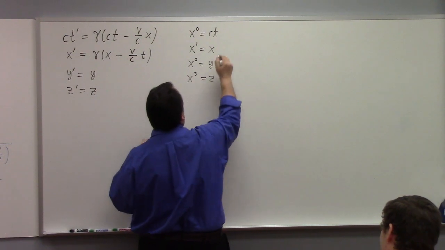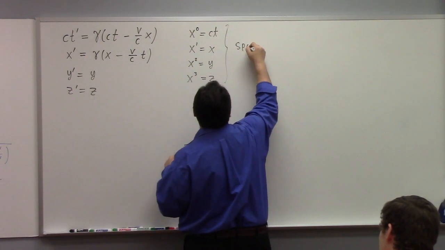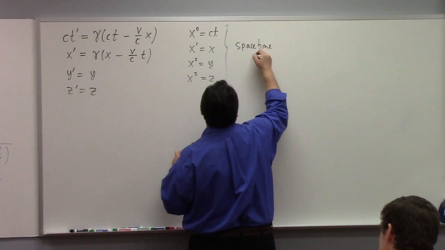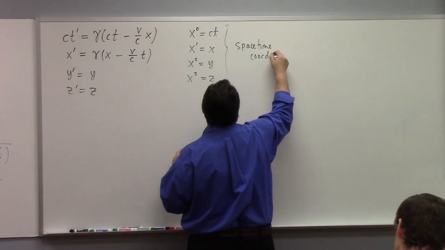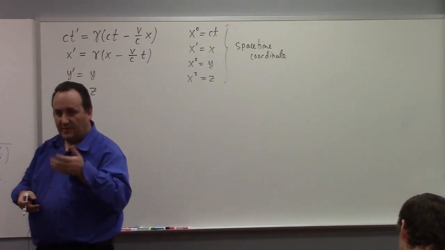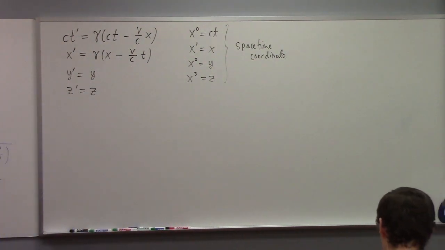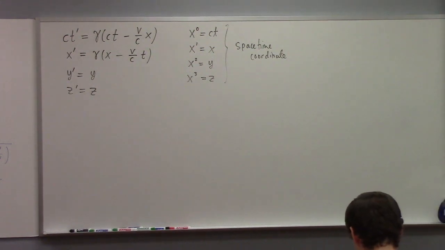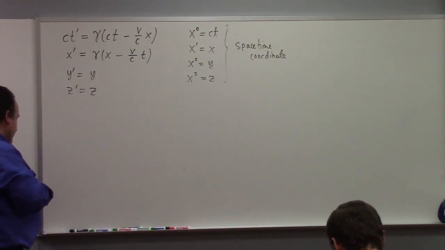These are the usual space-time coordinates, and they're made in such a way that they're all of the same dimensions. Basically, multiply the time by the speed of light so that it has units of length. Now they're on an equal footing, so you can understand the Lorentz transformations in a more beautiful way.